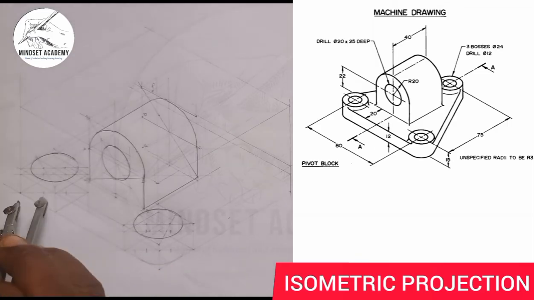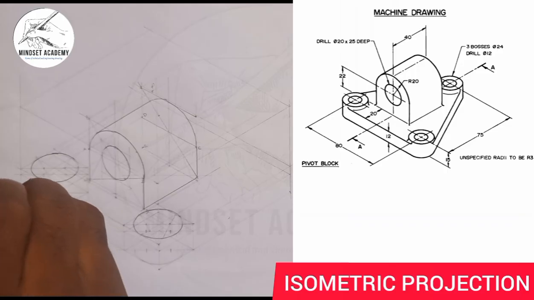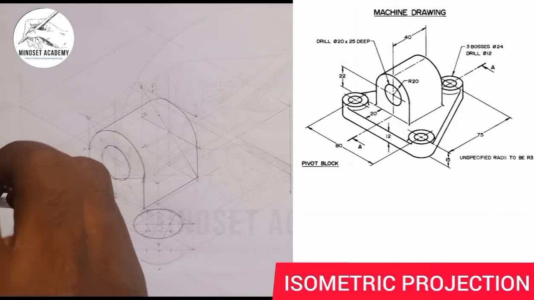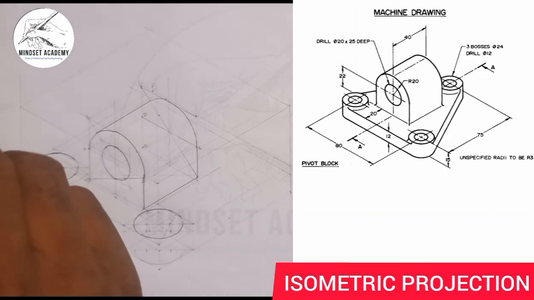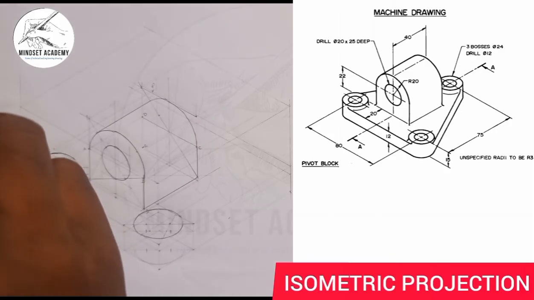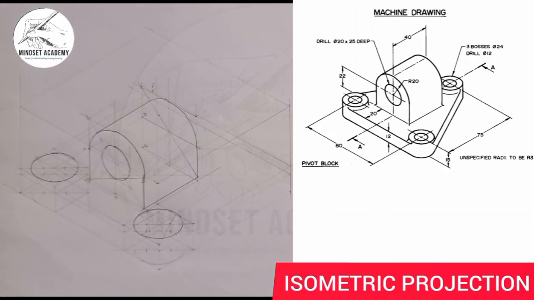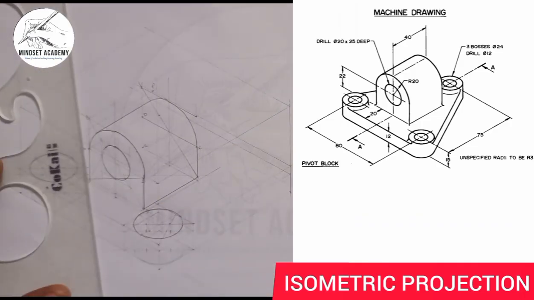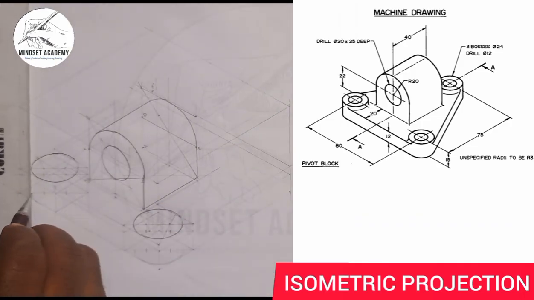I'll just place it here. You'll see only these two. I am going to take this line from here and connect this point straight ahead, as you can see from the diagram.